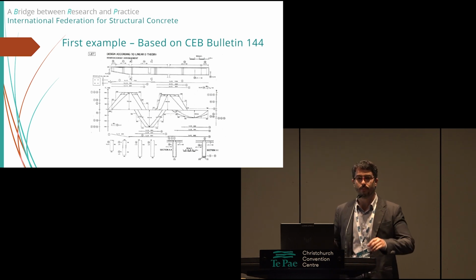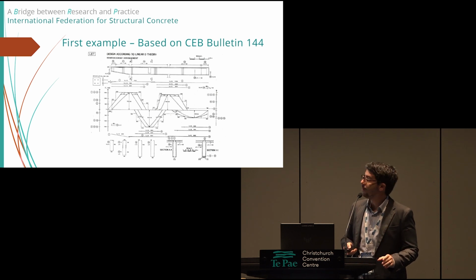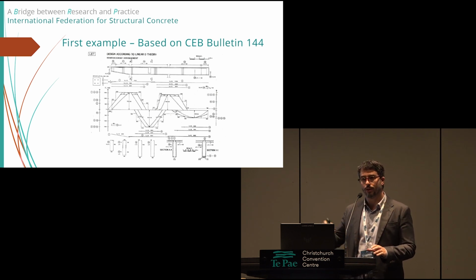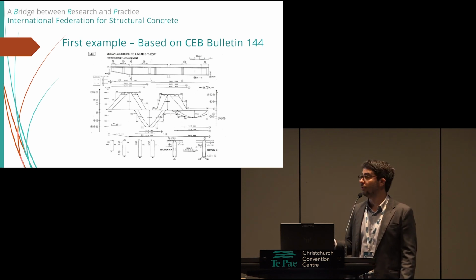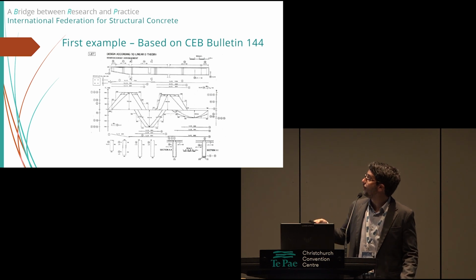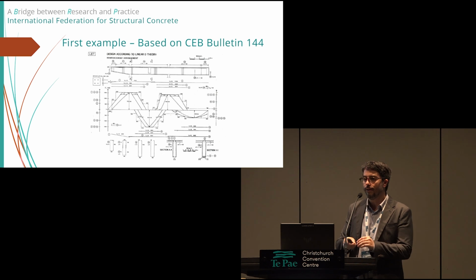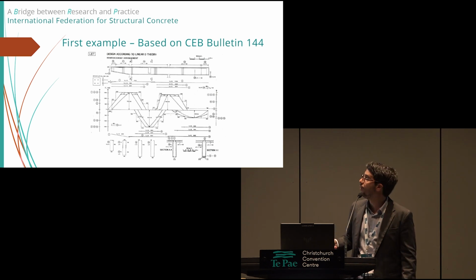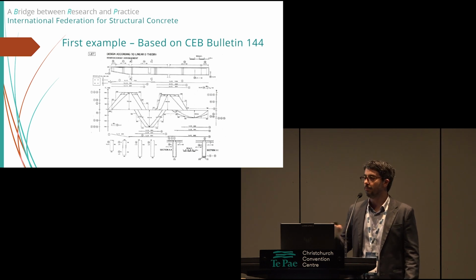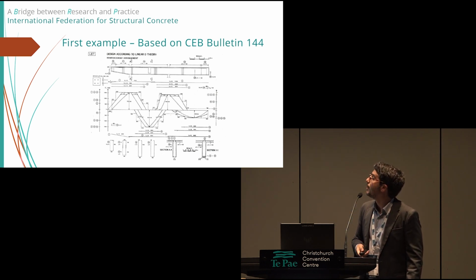This is a very practical design example, and we started from there, and we want to end up with something like that, a detailed drawing, something that is the job of the practitioner. So we want to start from that and end up in these detailed calculations, with every part of how we did it and what we do to achieve those rebars and bending moment diagrams and those detailed examples.